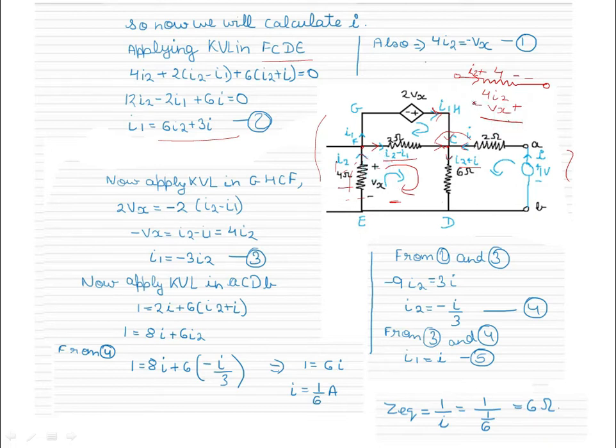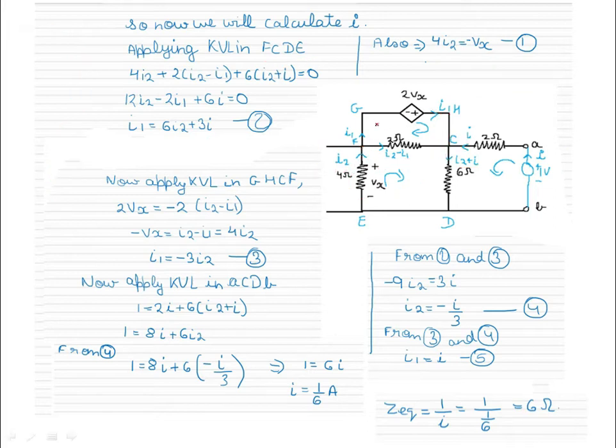Therefore Vx is equal to minus 4I2, or 4I2 is equal to minus Vx. For any passive element, meaning which is not a current source or any voltage source, when current is flowing in this direction, then the voltage drop occurs in this direction. And when current is flowing in this direction, then the voltage drop occurs with this polarity.